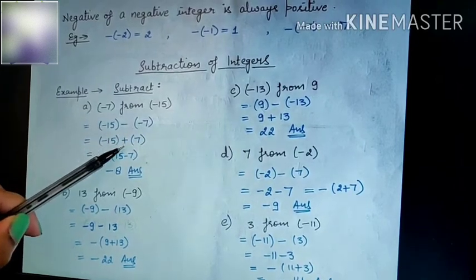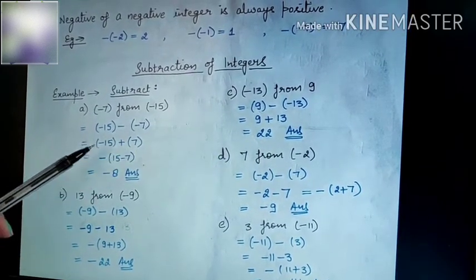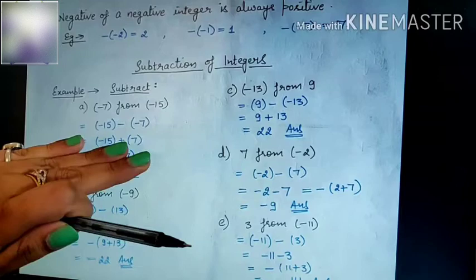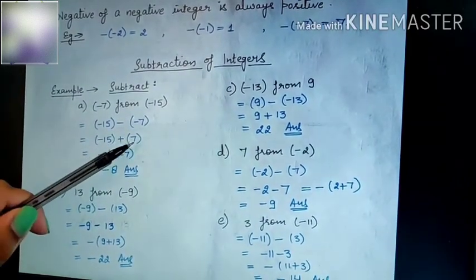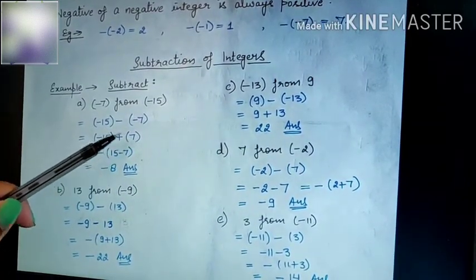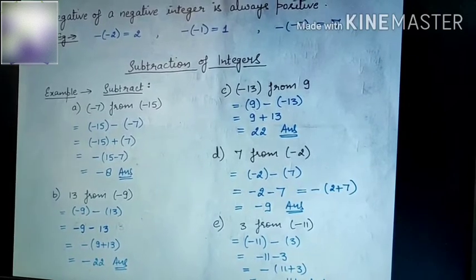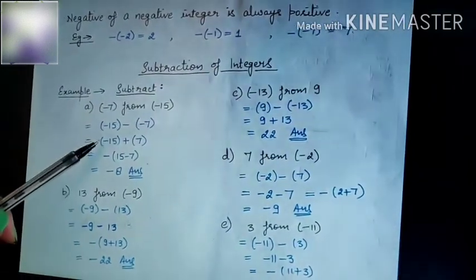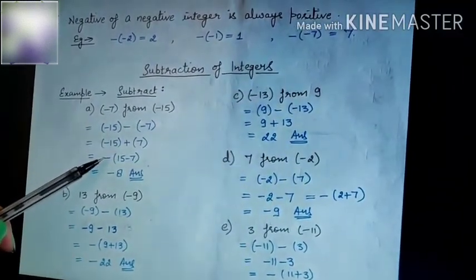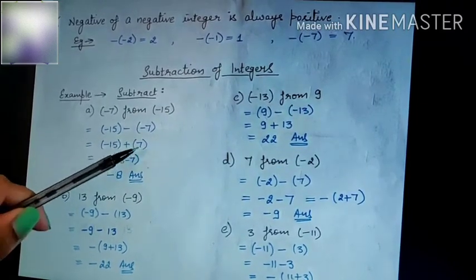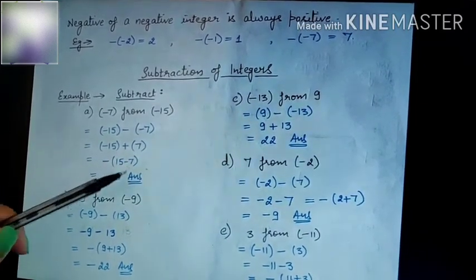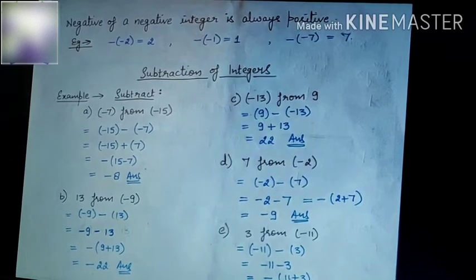So minus and minus will become plus 7. Minus 15 plus 7. Now see here, one integer is negative and the other integer is positive. So I told you the sign will be of the greater one. 15 is greater, which is negative. So answer will be of minus sign. And you will subtract lesser from the greater. So 15 minus 7, your answer is minus 8.